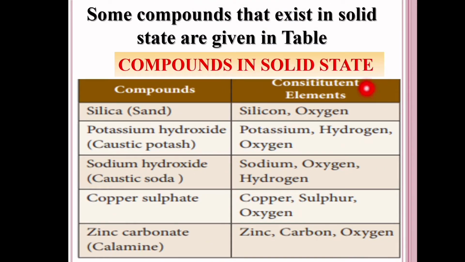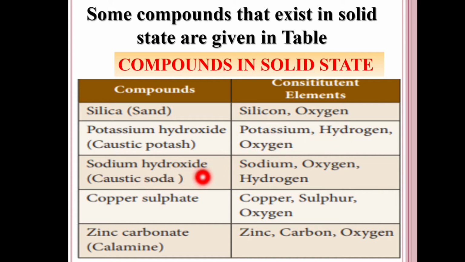Some compounds that exist in solid state are given in the table. Compounds in solid state. Silica, sand: the constituent elements are silicon and oxygen. Potassium hydroxide, that is caustic potash: potassium, hydrogen and oxygen.